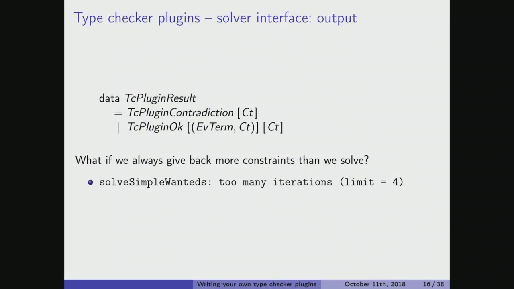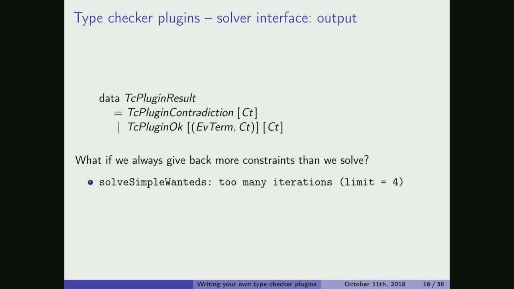It's fine. Also, if we look at this result type, we can consume and satisfy constraints, show that they can be satisfied. But we can also give back new constraints. So what happens if we always just give more constraints than we solve?